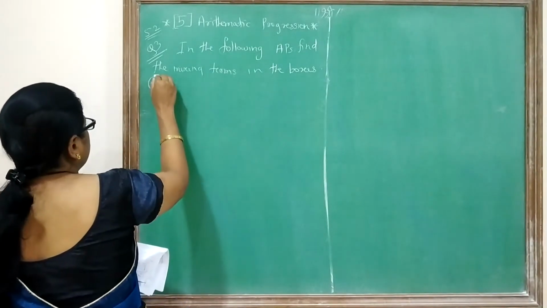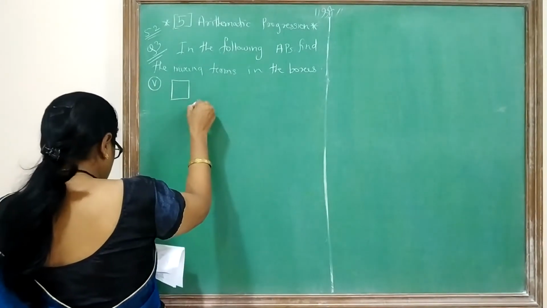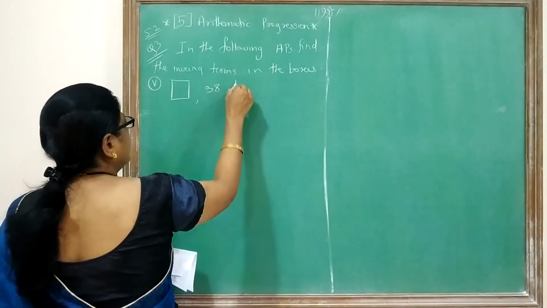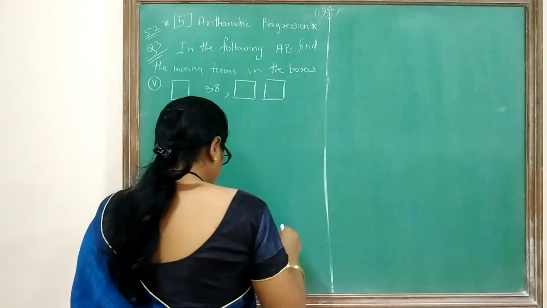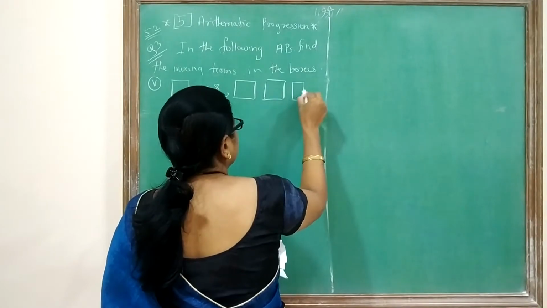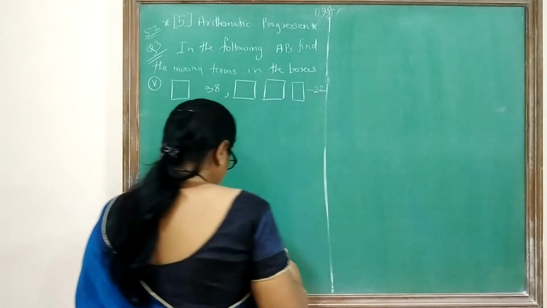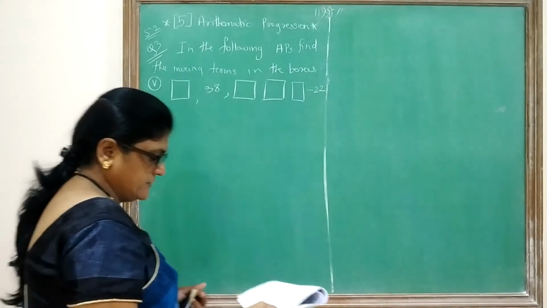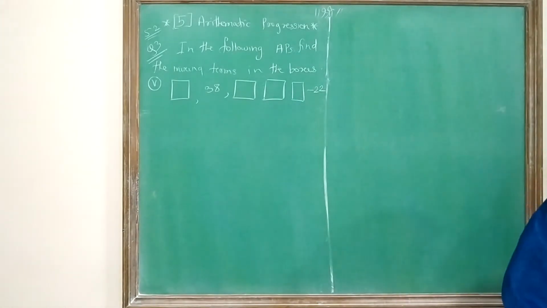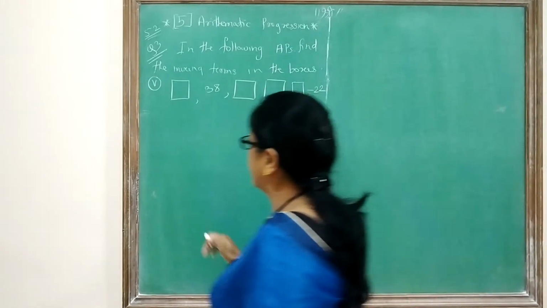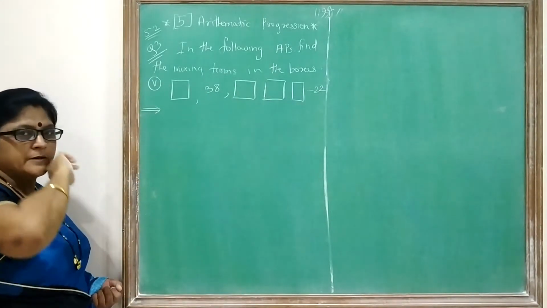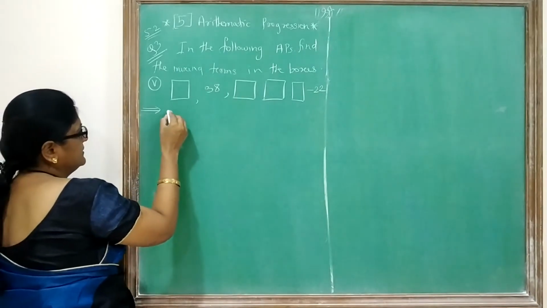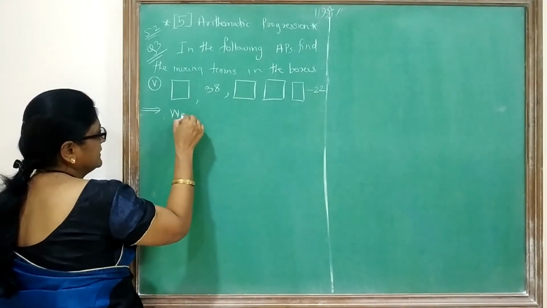Your fifth example is box, 38, 3 boxes are present, minus 22. Here the A term is not given, so you will write what we have.